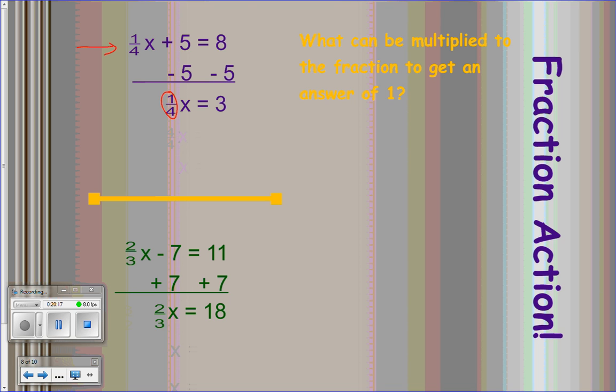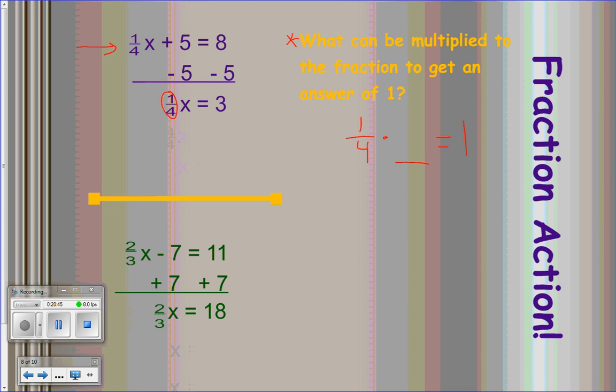And I'm not really removing it, I want it to equal 1. So looking at that fraction, 1/4, what can I multiply that fraction by to get an answer of 1? Let's see, if I have 1/4, I want to multiply it by something, and I need it to equal 1.